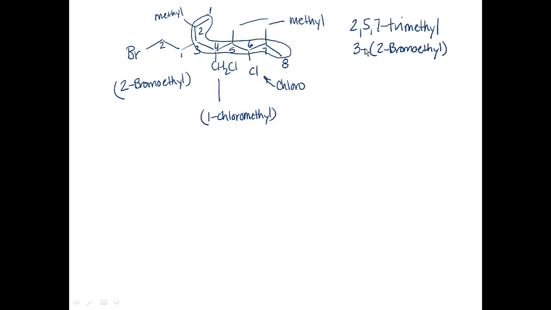I'm going to have a 4, 1 chloromethyl, and a 6 chloro. So 1, 2, 3, 4, 5, 6. There's my 6 substituents. Alphabetization: M, B, C, C, chloro coming before chloromethyl. So only one name possible for this chain.